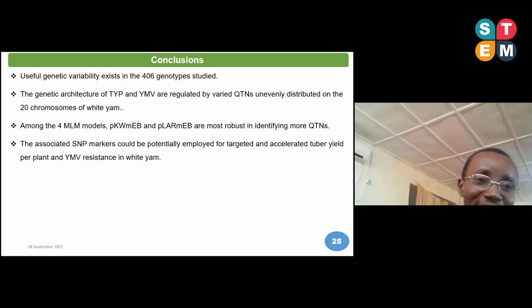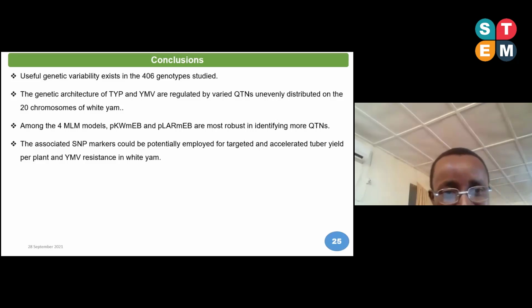So we can see that in this study, useful genetic variability exists in the 406 genotypes studied. And also that the genetic architecture of tuber yield per plant and that of the yam mosaic virus are regulated by various QTNs, although they are unevenly distributed on the 20 chromosomes of the white yam.